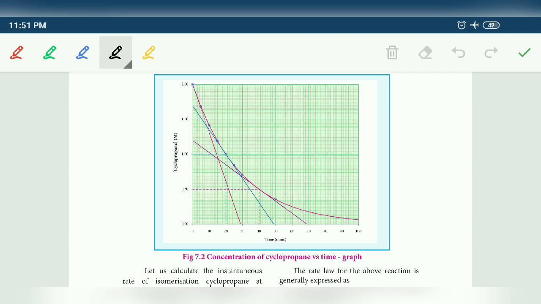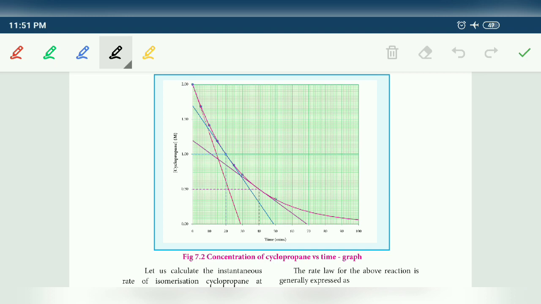Okay, so here when delta T is equal to 0, the instantaneous rate at a particular instant T, therefore we have to take minus d. So initially we learned minus delta. Now it is minus d concentration of cyclopropane per dt.